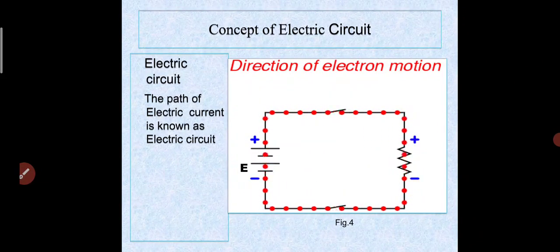Next topic is concept of electric circuit. Direction of electron motion. See the figure.